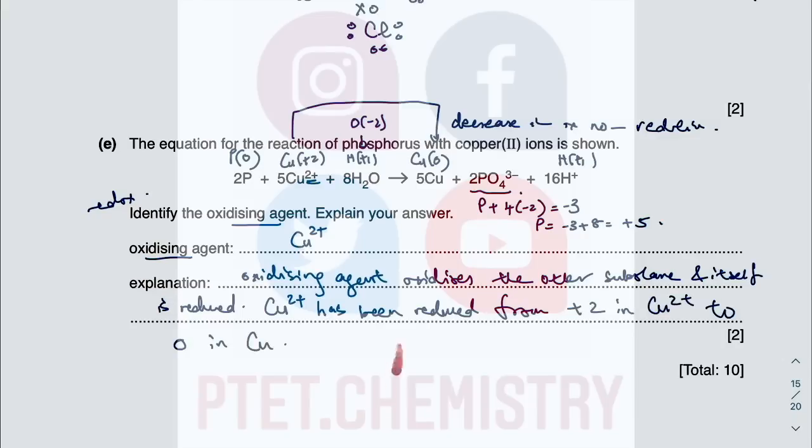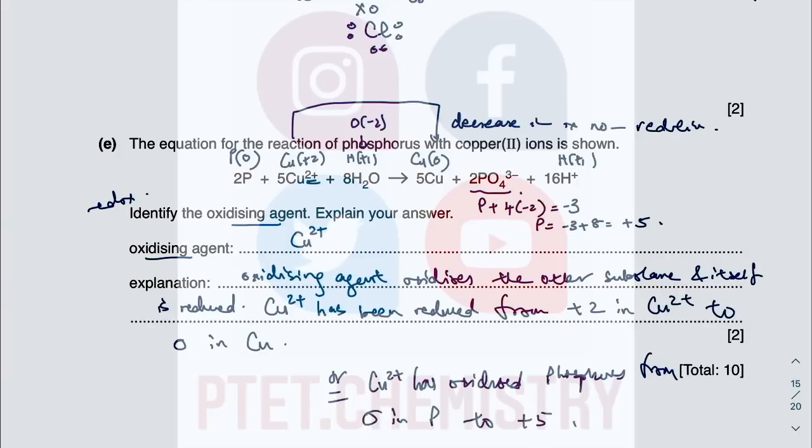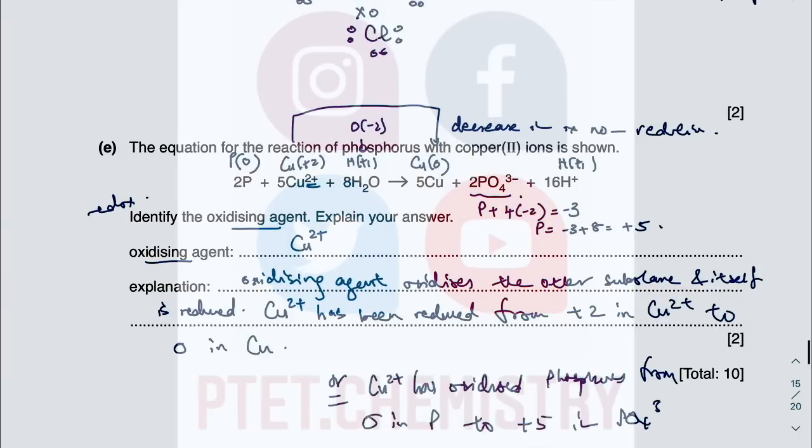Either you say that, or you could say Cu2+ has oxidized phosphorus from 0 in P to +5 in PO4 3-. They both are saying the same thing because of the definition of oxidizing agent, yeah?